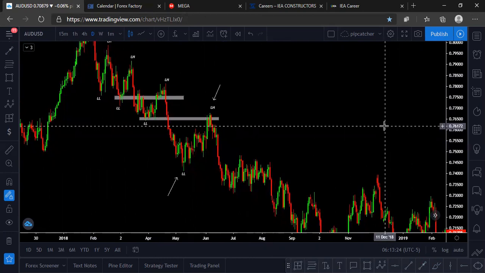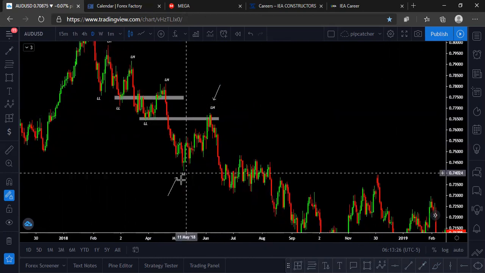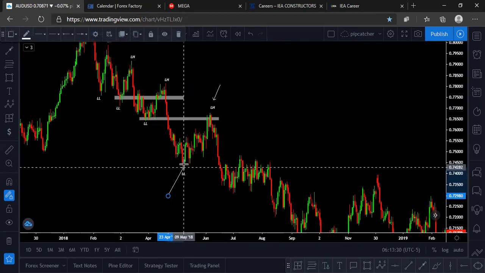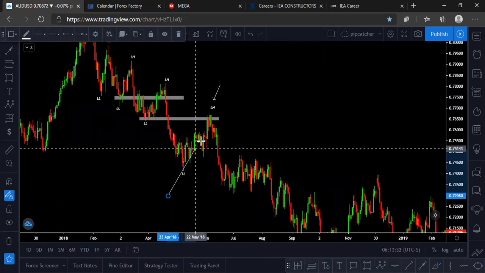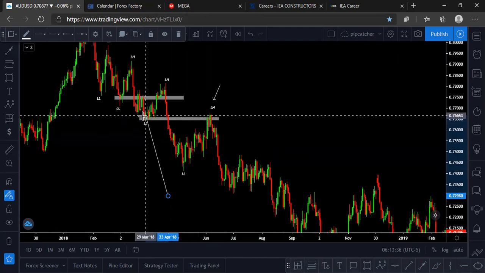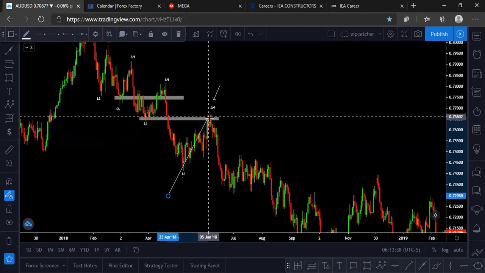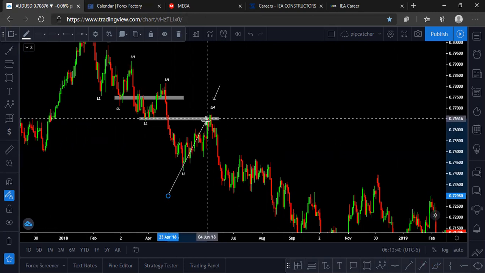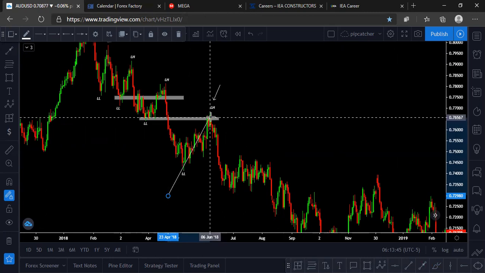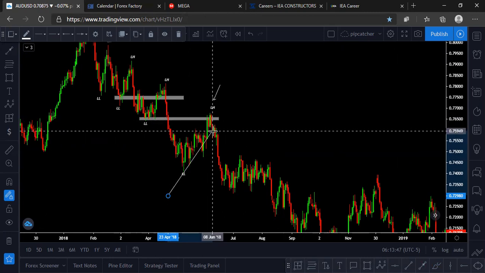So what happens next here, guys? We see this lower low get created. We traded back up into this previous lower low to create that lower high. That is our sell entry opportunity. Now what happens next?